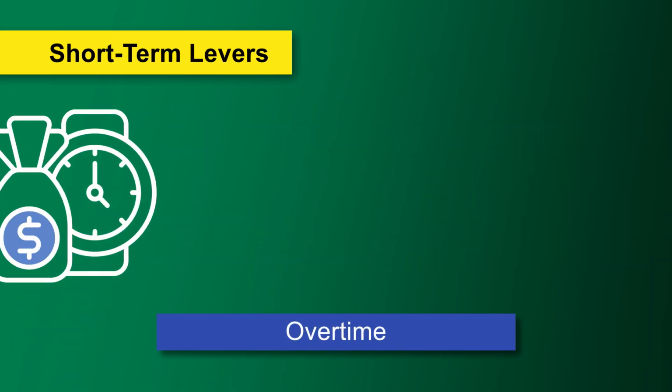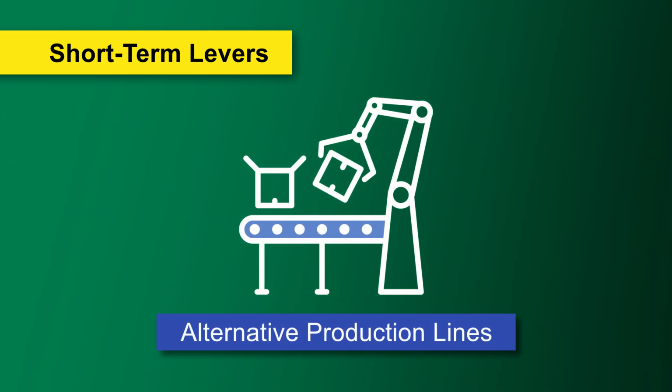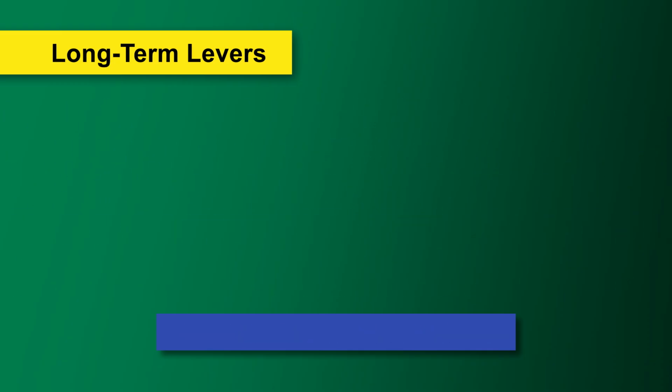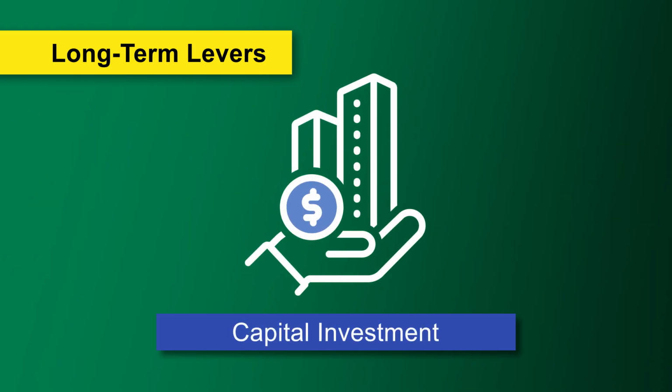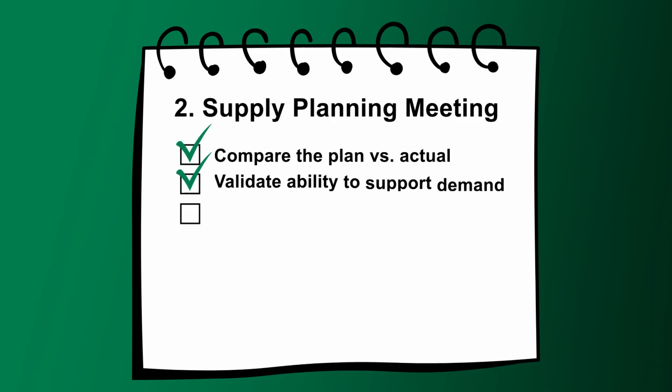Short-term levers may include overtime, outside processors, or alternative production lines. Long-term levers may include hiring and/or capital investment. A quick checklist for this meeting is to start by comparing plan versus actual, validate ability to support demand, and then finalizing the supply plan.